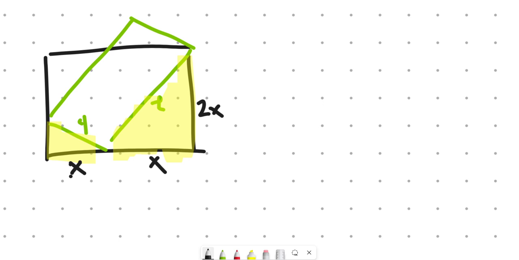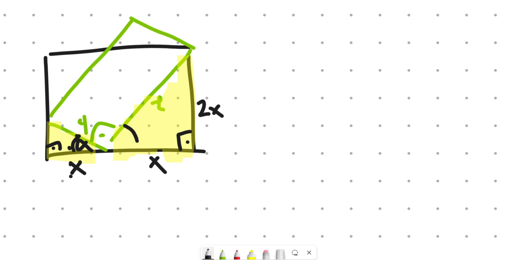But for instance, since we know these sides, we can put an alpha over here, and a right triangle, an alpha over here, and a right triangle. Now, looking at this, we see that the angle over here is a 90-degree angle, because it's a rectangle.